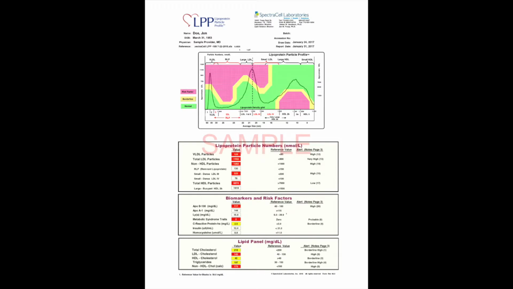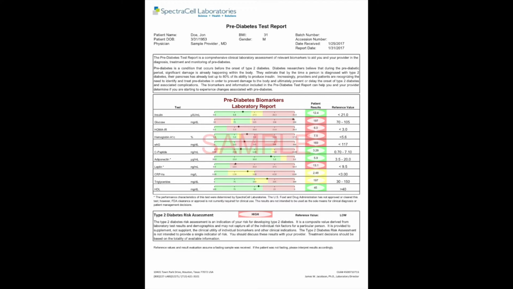We also know that the lipoprotein particle is only half the cause of cardiovascular disease. So looking at inflammatory markers like CRP, homocysteine, insulin, and others completes the picture and gives me a comprehensive look at the causes and how to treat.